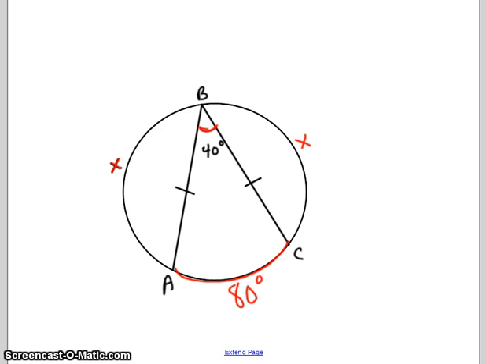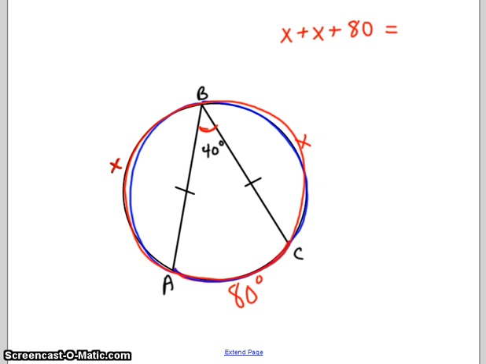Now we have three arcs. We have AB, we have BC, which is congruent to AB, and then we have AC. So x plus x plus AC, which is 80, equals how many degrees? Well, we know a full circle is 360 degrees.